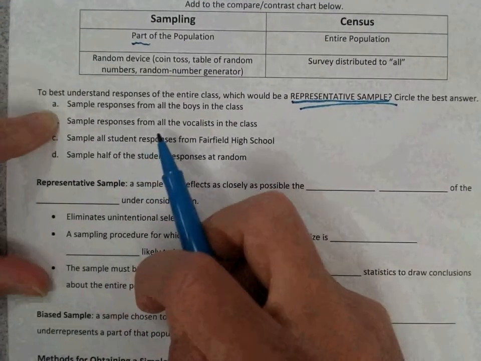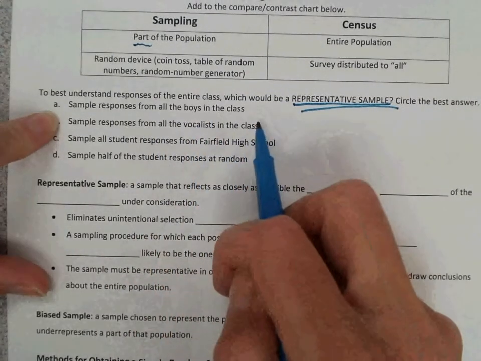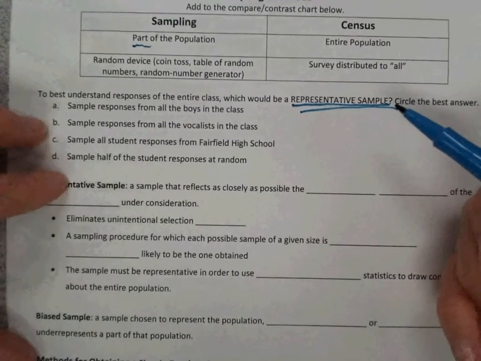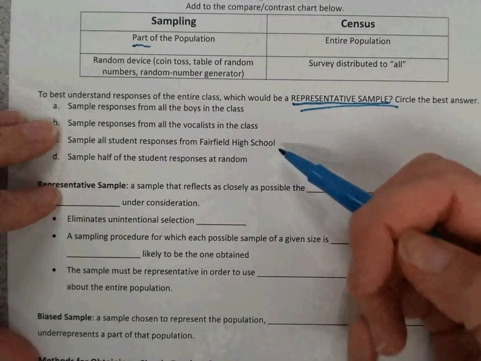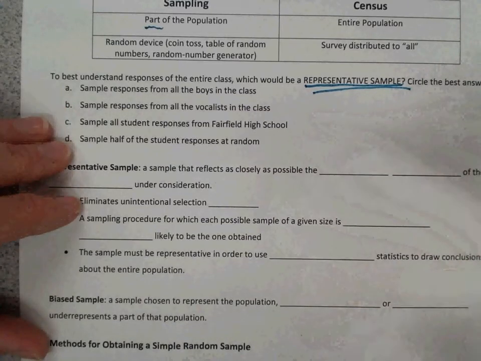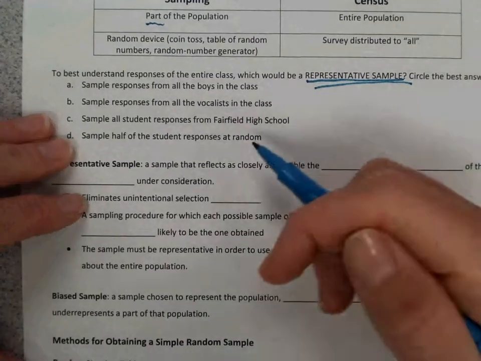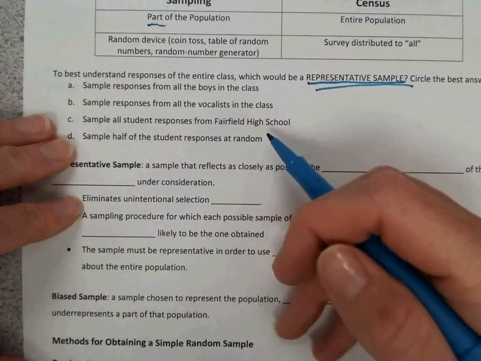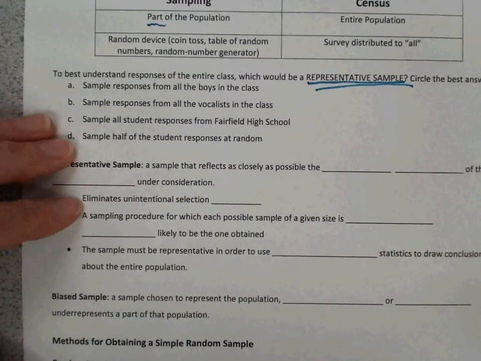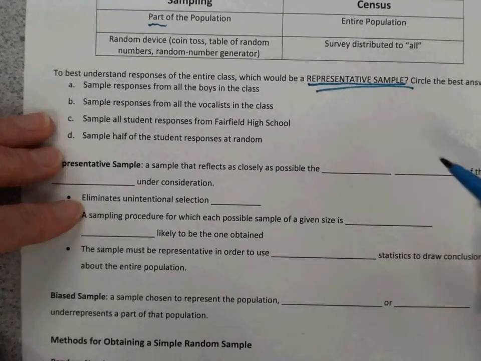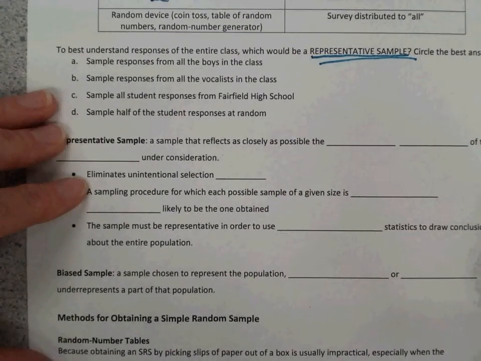So you'll see if we just sampled the boys in the class, that would not represent the entire class unless it was maybe at an all-boys school. We could sample only the vocalists at School of the Arts, and again, in our typical academic classes, that is not representative of the entire class. The sampling of all students simply from Fairfield High School, being a school of choice, we have 13 different school districts feeding into our one school district, and so just sampling from one high school would not represent the entire population.